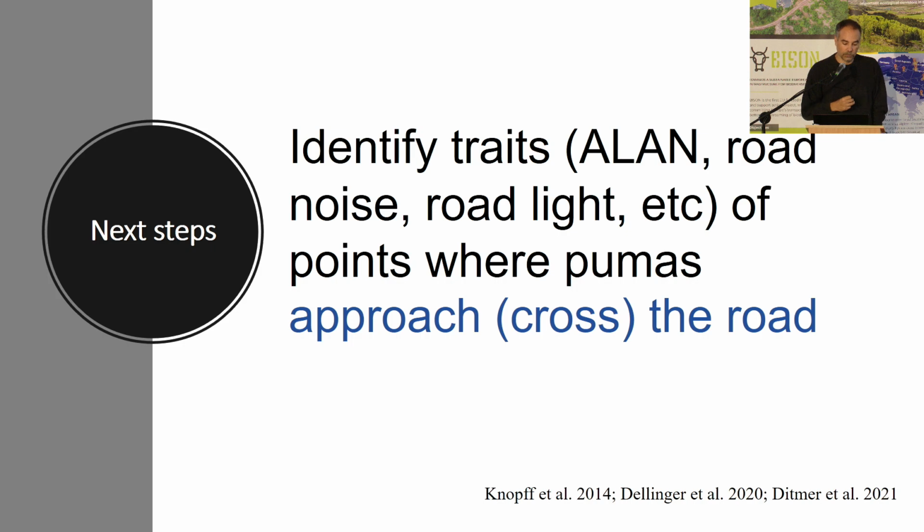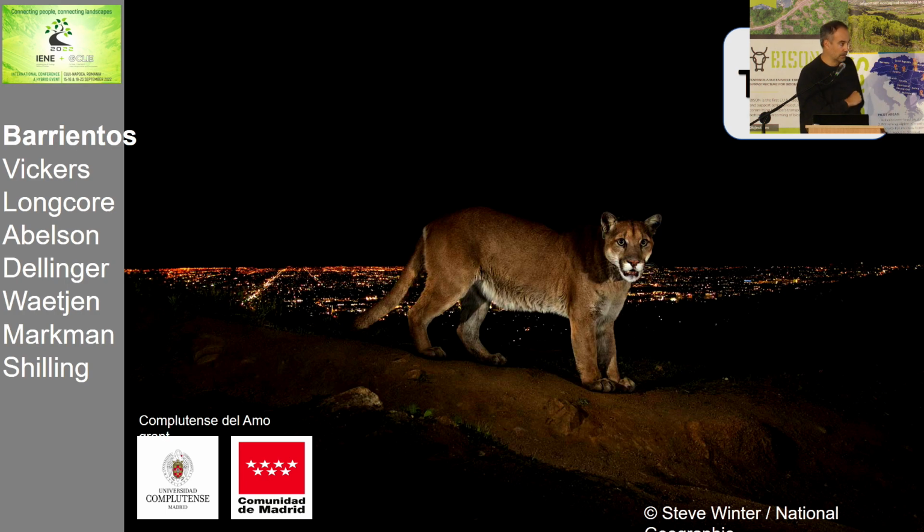And finally, we want to identify the traits, like ALAN, road noise, road light, that differentiate the points where pumas approach and probably cross the road and can be roadkill, comparing with random points. That's all. Thank you.